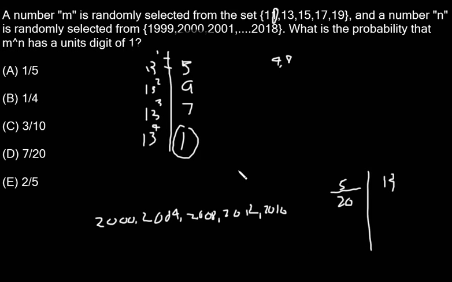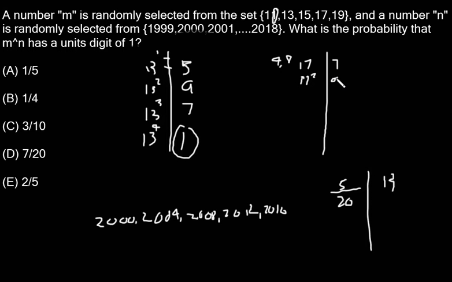Now let's look at 17. When we raise it to the first power, the units digit is 7. When we raise it to the second power, the units digit is 9, because 17 squared is 289.